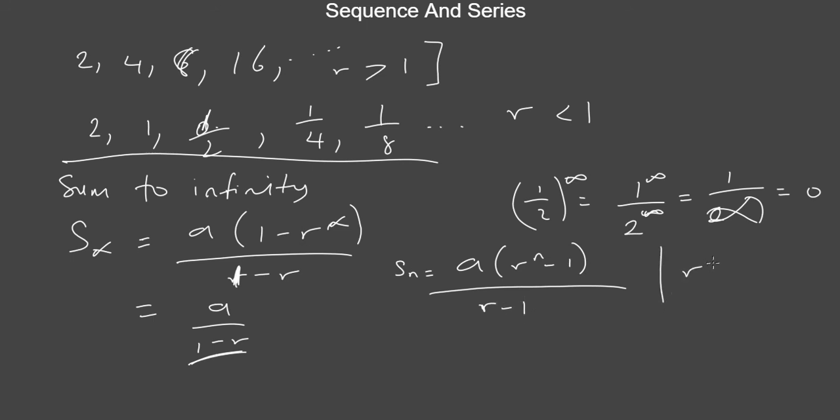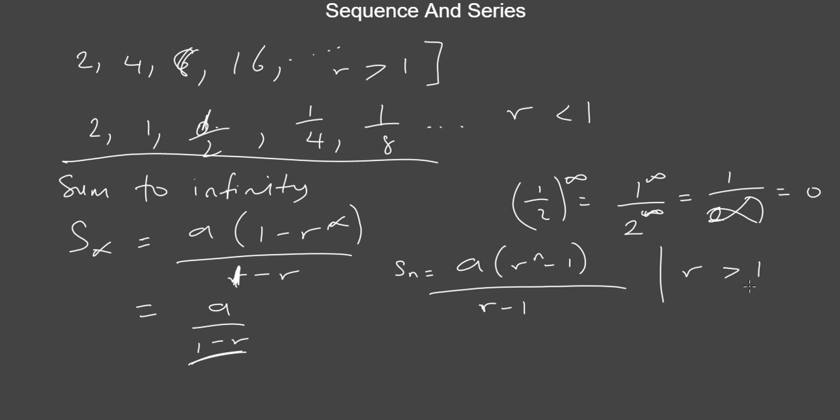Mind you, r cannot be equal to 1, because if r is equal to 1, you will get the same term, since 1 times anything gives you the same thing. So it's either r is greater than 1 or less than 1.